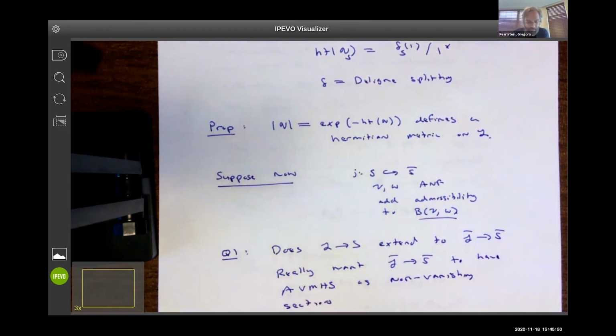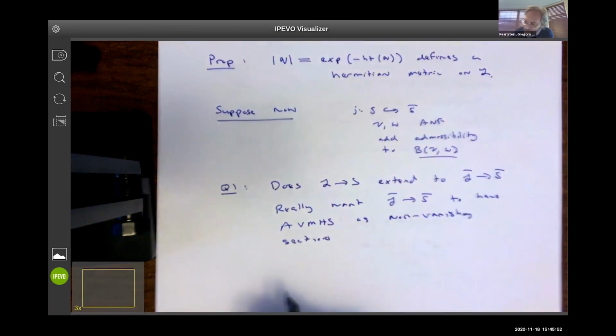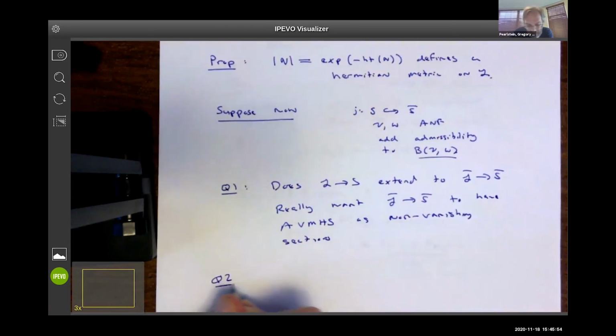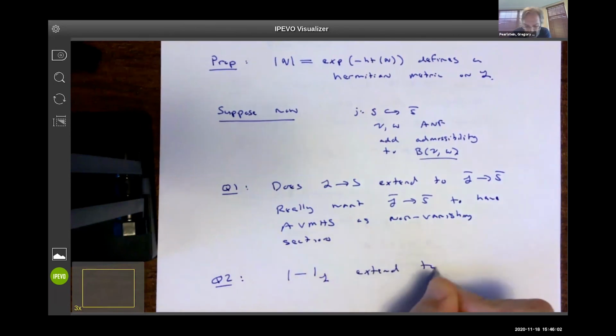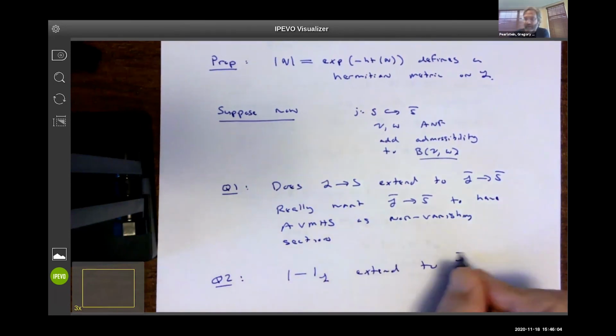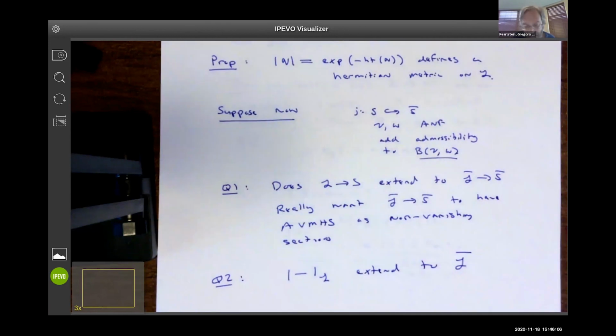And question 2 would be, does this metric on L extend to L bar? All right, so those are some questions that I'm interested in.